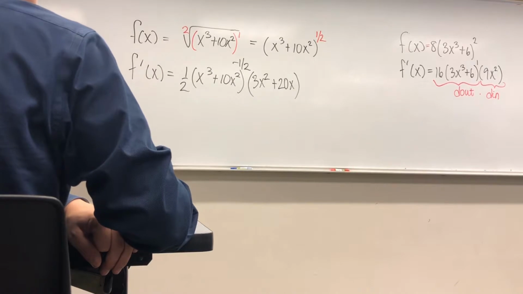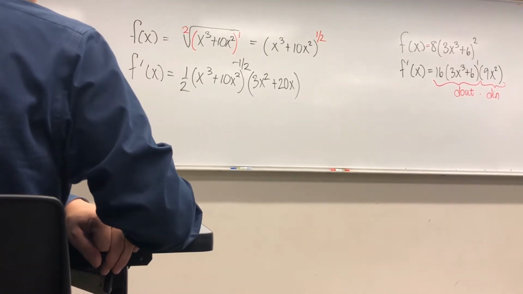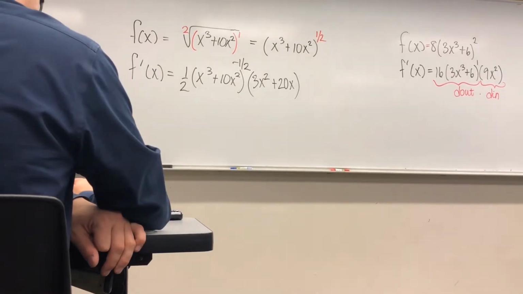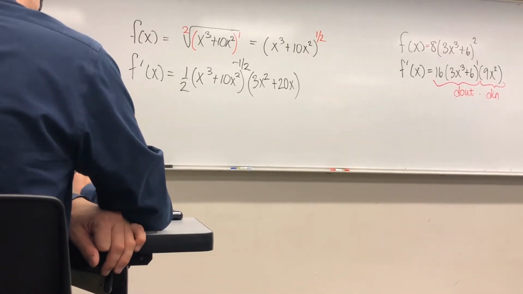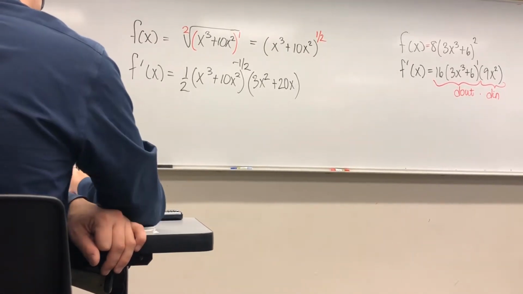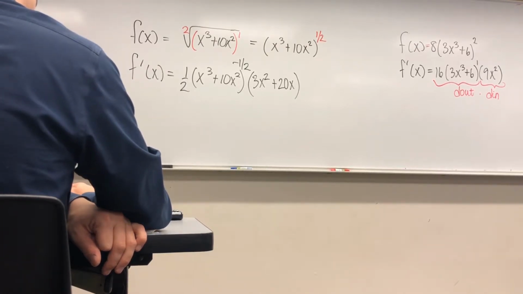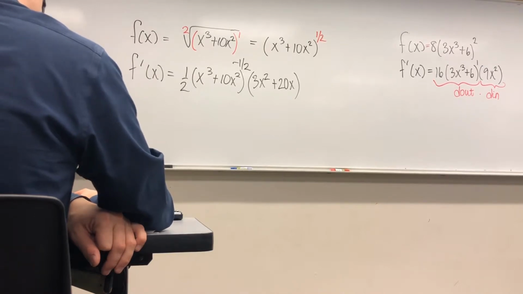But check this out. If we had a function like, say, 3x to the 5th, let's do d out d in on this. Our inner function is just x, isn't it? So what's the derivative of the outside? 15x to the 4th, right? Because you don't touch the inside layer. Now what's the derivative of x?